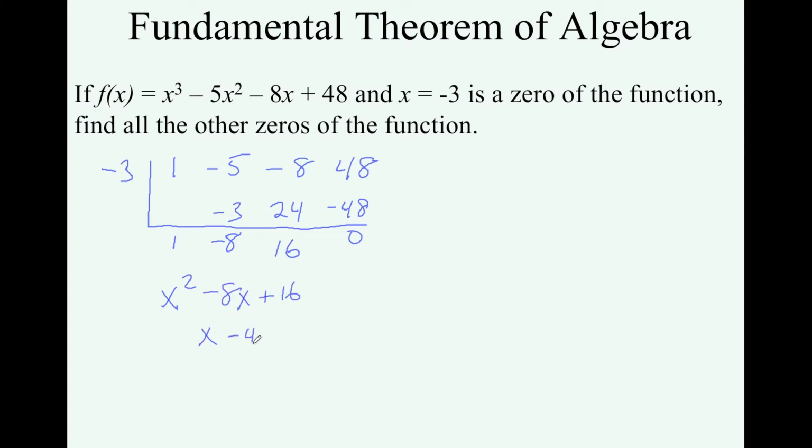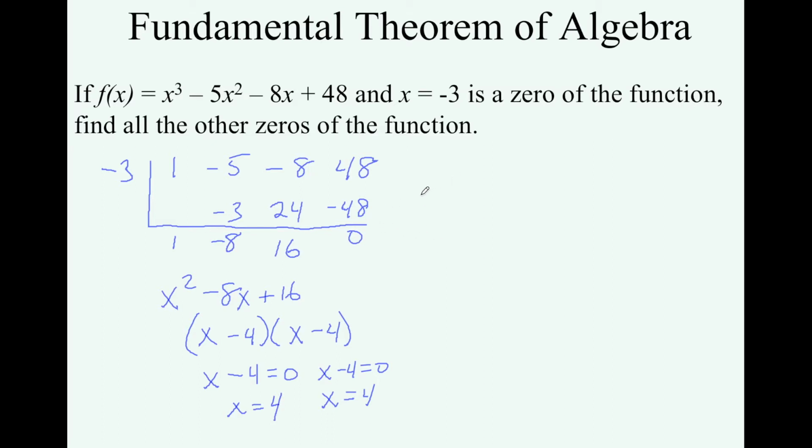Factor this out. Becomes x minus 4 and x minus 4. So x minus 4 is equal to 0. X equals 4.